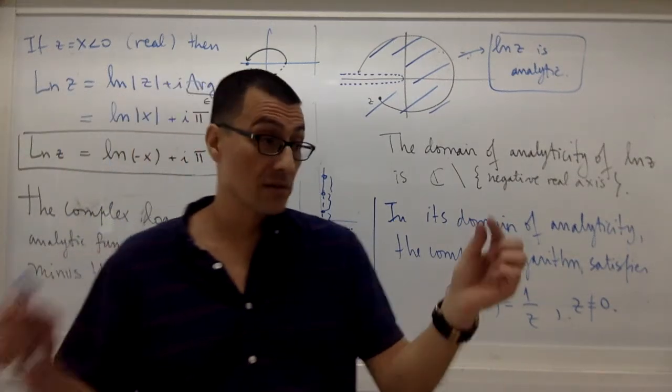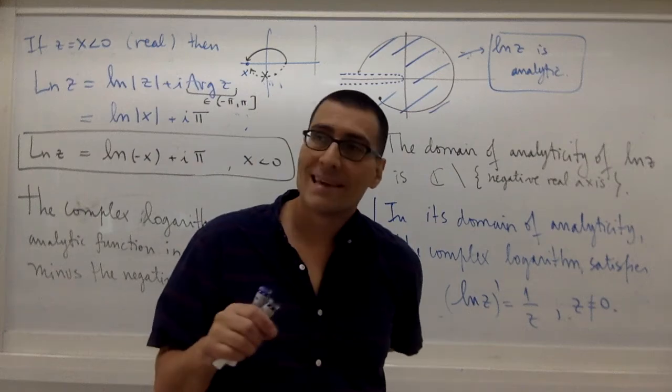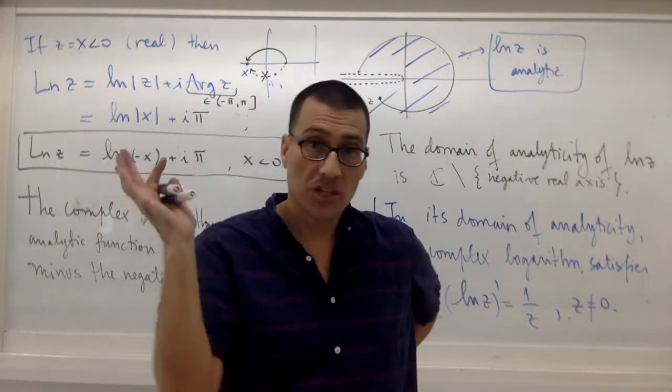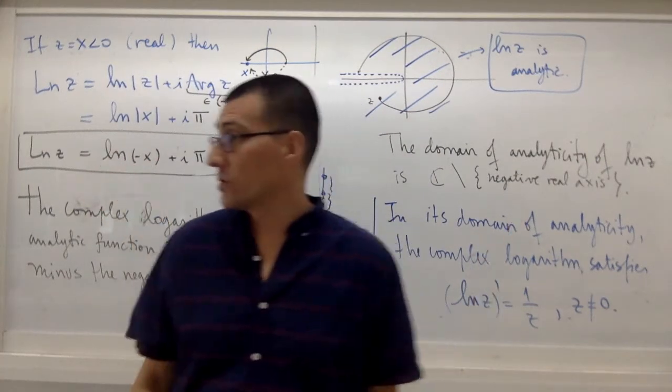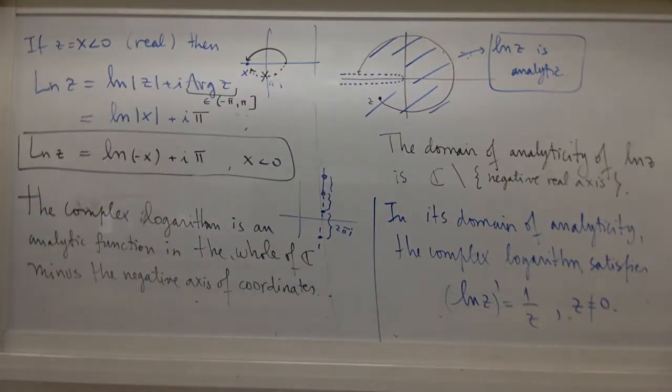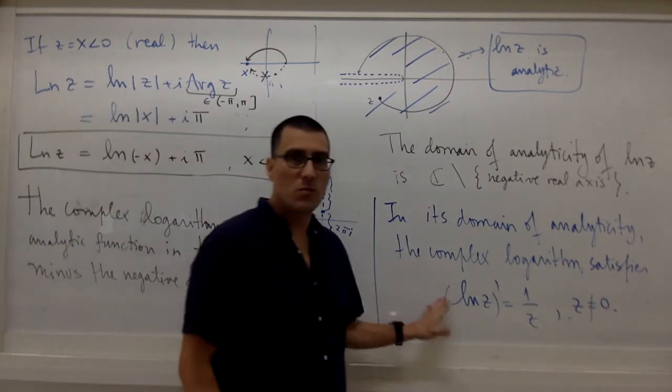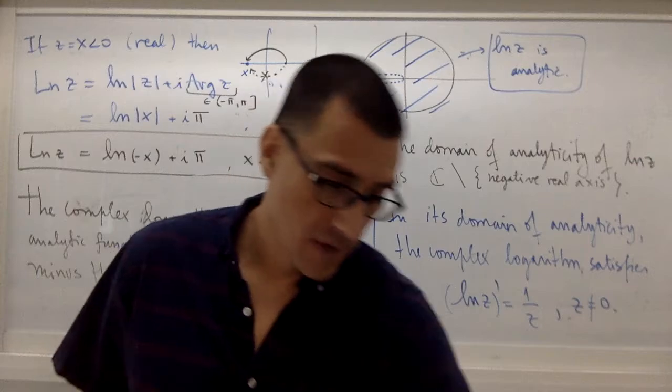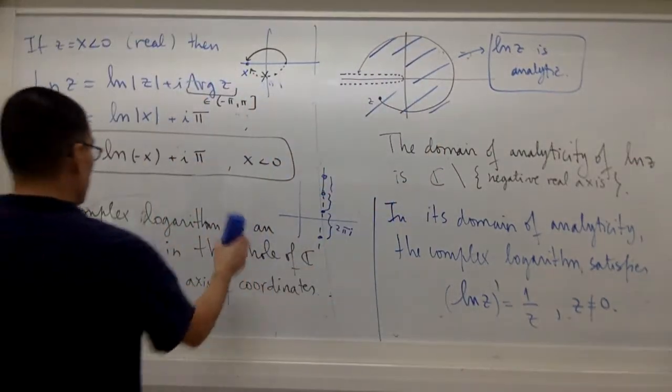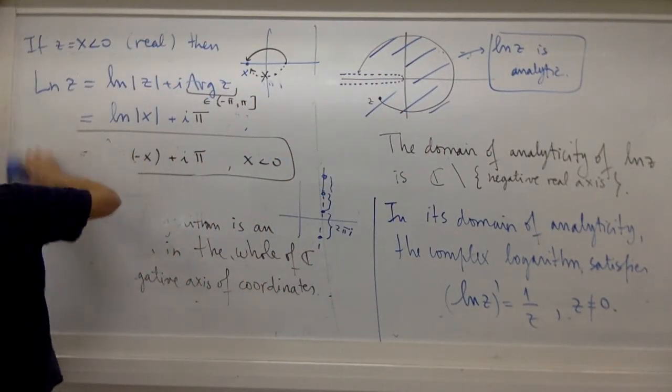It's not well defined because as you approach 0, the argument vanishes. There's no clear notion of what the argument of the point 0 is. But certainly we can proceed as in the real world, and from this property we can define powers. So that's one property you need to keep in the pocket.